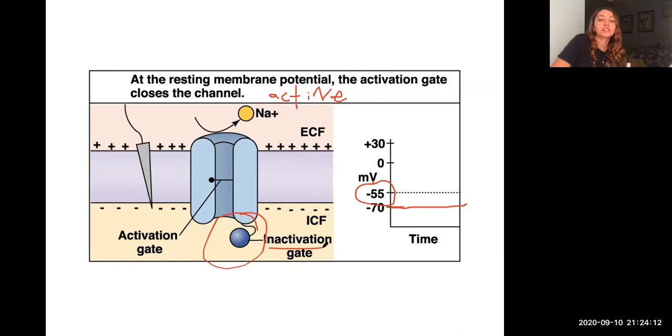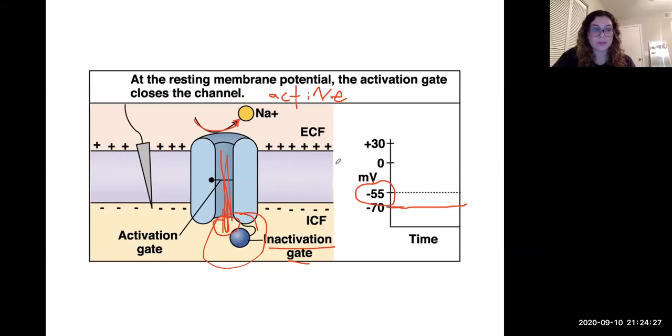But because there's no ball right here, in this hole where the diagram shows us, sodium can't get in. Do you understand that? So the gate is closed, but it's active because the ball is away from the gate, right?